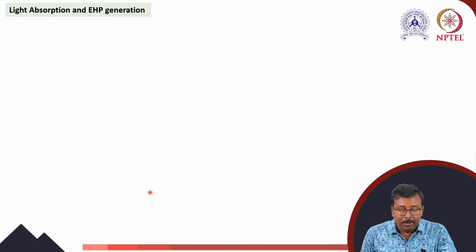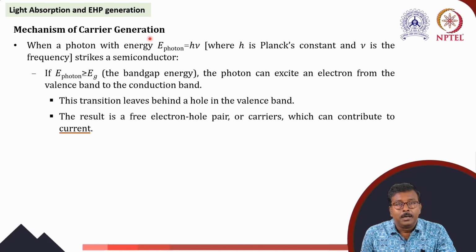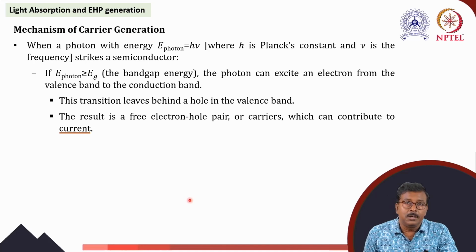Now, how light is absorbed by a semiconductor material is mainly important for our device modeling, that is, solar cell modeling. Light absorption and electron hole pair generation. So let us see the mechanism of carrier generation in a semiconductor on incidence of light, which is called photogeneration.